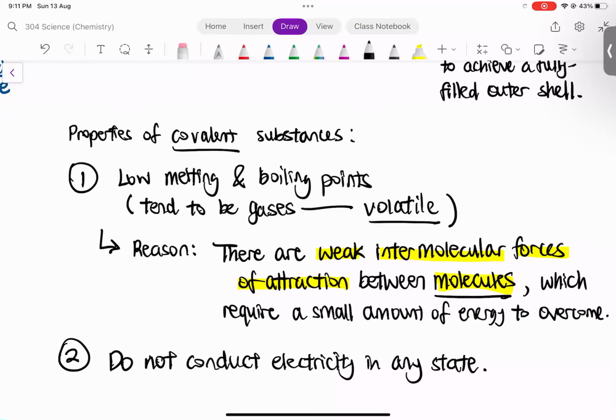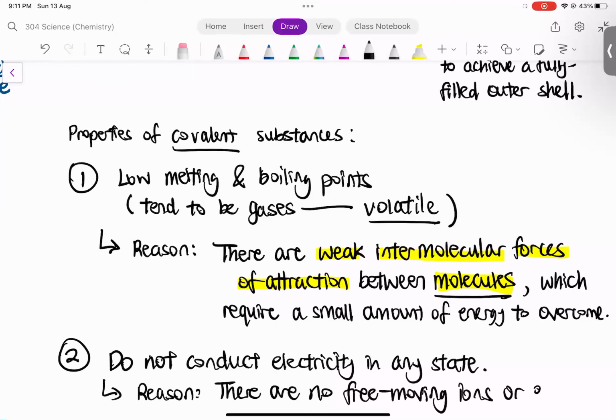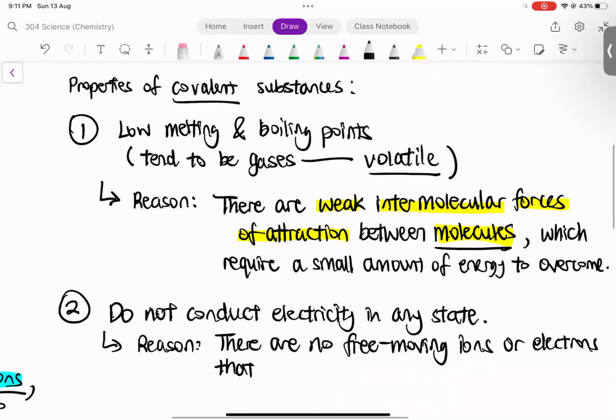The main reason is because there are no free moving ions or electrons that can conduct electricity.